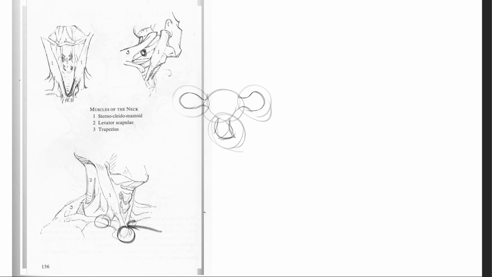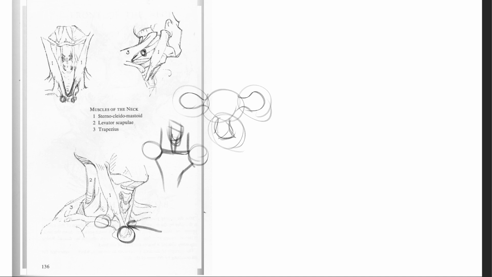There's more space between them, and they're attached to both sides of the manubrium, which is sort of shaped like this. The clavicles are attached here and here, and these muscles are attached here and here, and they kind of make the pit of your neck through here. You can feel that in between on your own neck.